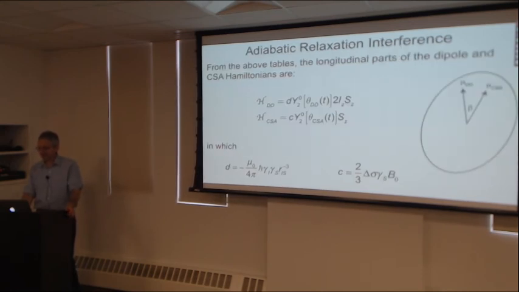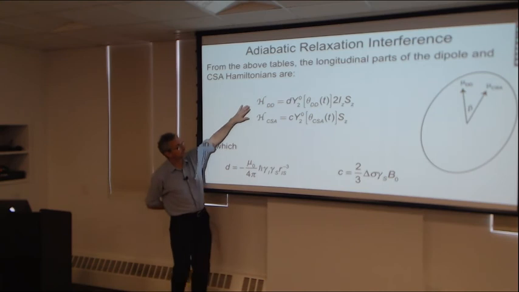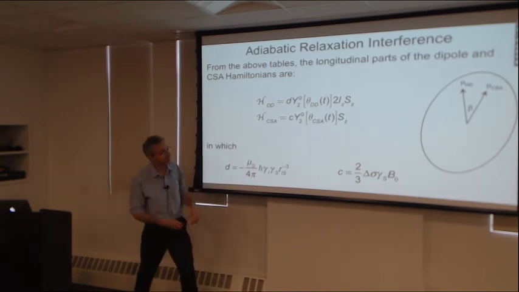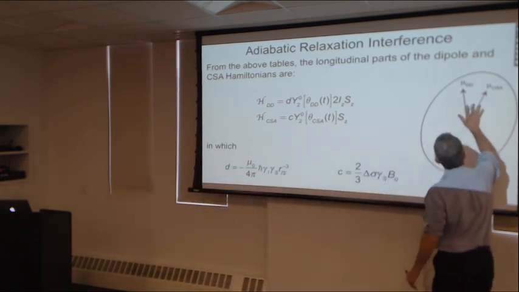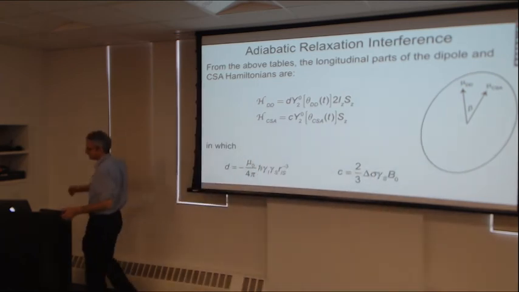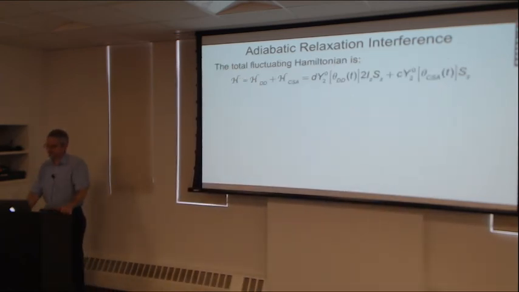Here's an example. So let's just look at the adiabatic part to make our life easy. We go back to the tables for the adiabatic part of T2. We just want the parts along Z. So here's the Z part of the dipole tensor. Here's the Z part of the chemical shift anisotropy tensor. They're oriented in the molecule with some angle beta in between them. The total Hamiltonian is the sum of the two.